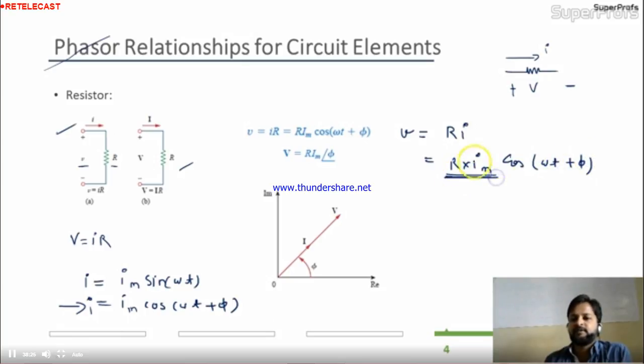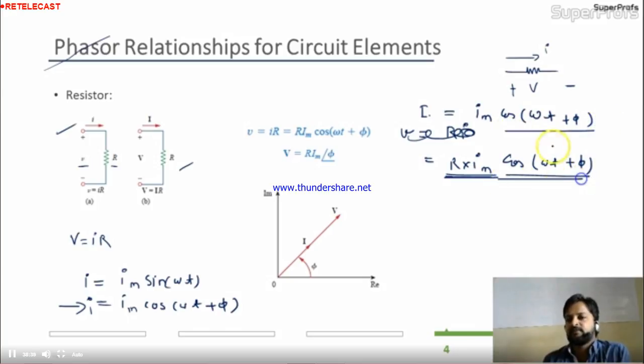This is the constant. You can check here directly, there is no phase difference between current I and voltage in the resistance. Is there any phase difference over here? Phi angle is same, the argument is same, everything is same, only the magnitude is different.